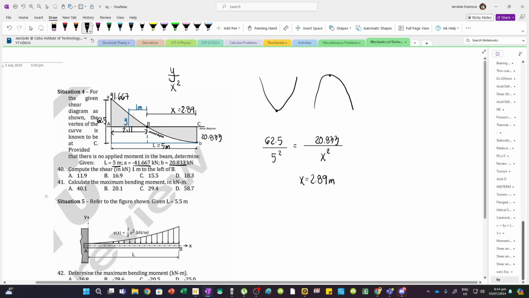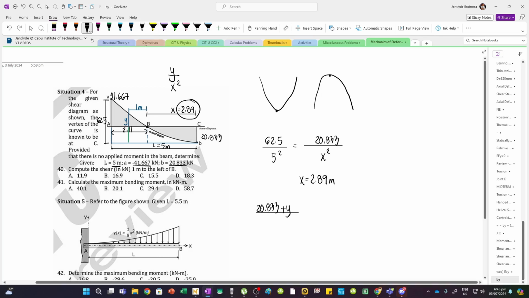To get this value, we still need to consider the ratio and proportion for the whole spandrel. We can actually extend this line. So we now have 20.833 plus y, that's to a base of 2.89 plus 1 meter.